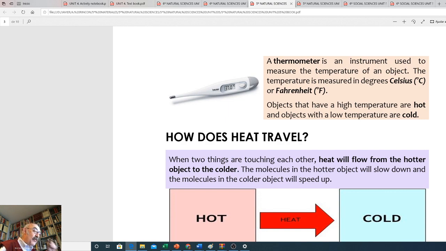You remember in class, we have a thermometer on a wall with the two different scales, Celsius on one side and Fahrenheit on the other side. Okay. And objects that have a high temperature are hot, and objects with a low temperature are cold. I think this is easy to understand.